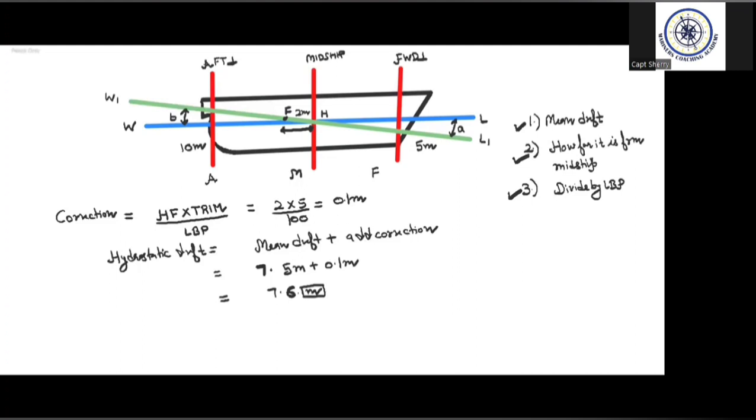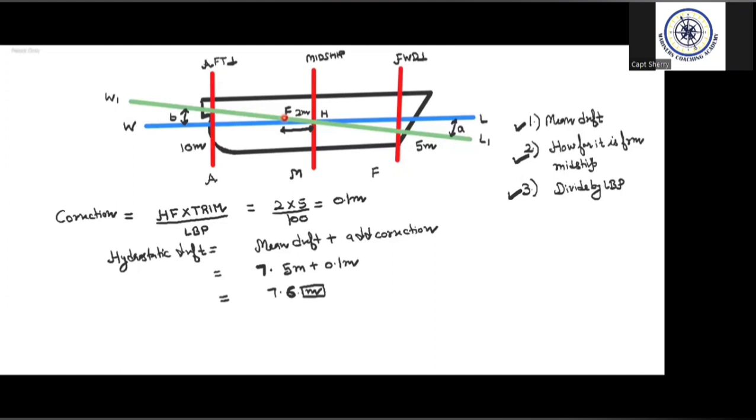So in this case, the center of flotation is about 2 meters from the midship. So this is the midship, and this is where the center of flotation is. So this distance is basically your 2 meters. Right? So I will say correction is equal to HF into trim divided by LBP.